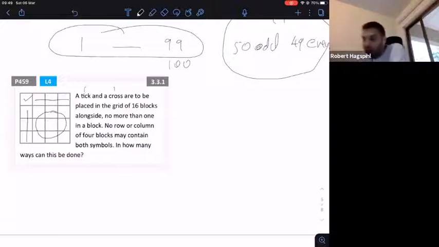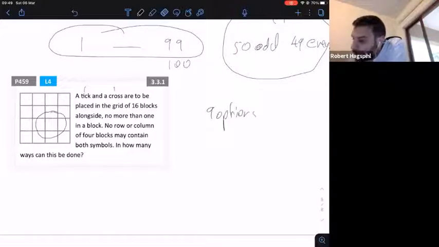Is everybody with me? So if I place the tick top left, I've got 9 options. Okay. Now let me place the tick again. Let me place it there. Where's the cross not allowed to be? It's not allowed to be there, and it's not allowed to be there. So how many options are left? Oh, it seems like again, there's 9 options. Is everybody with me? All right.